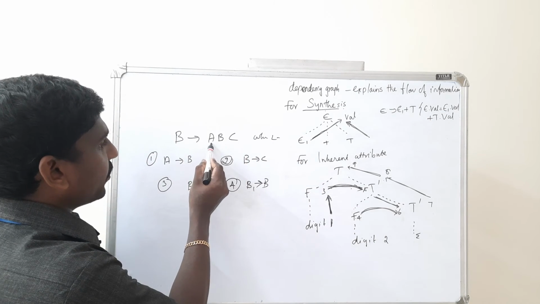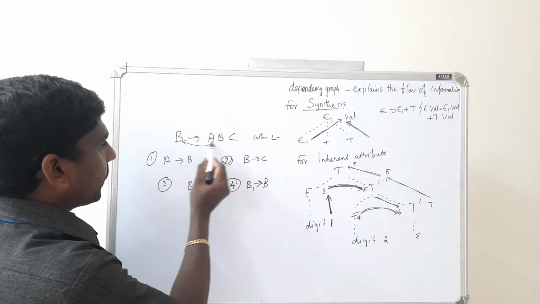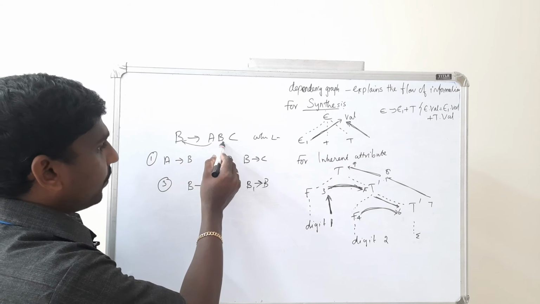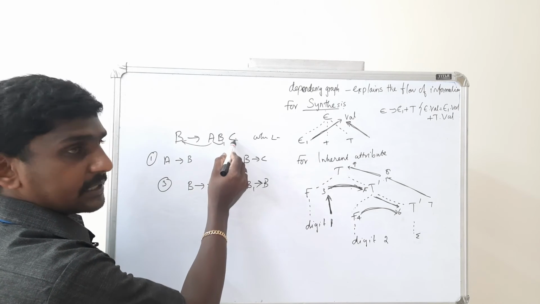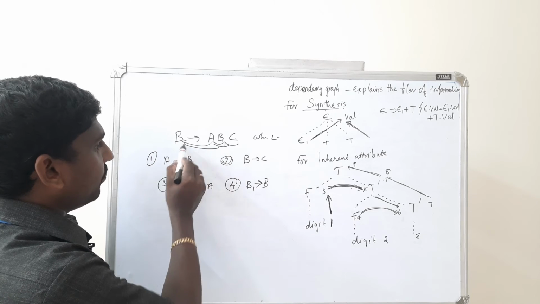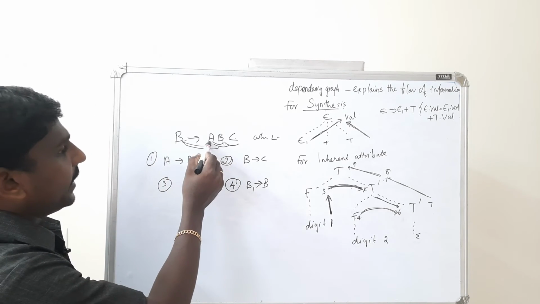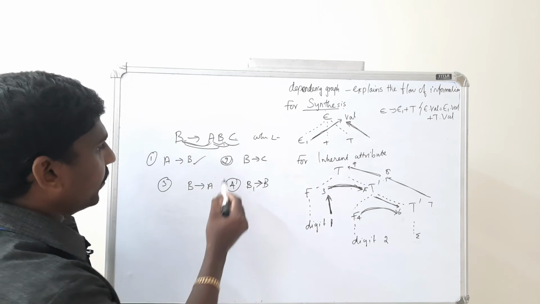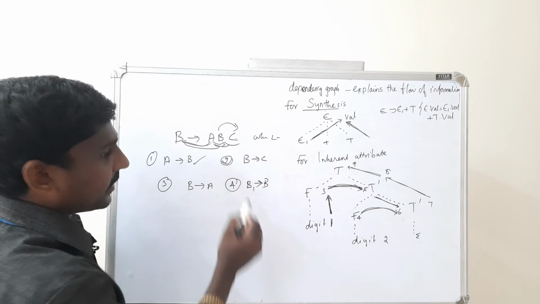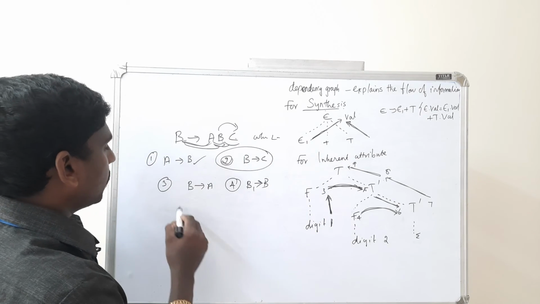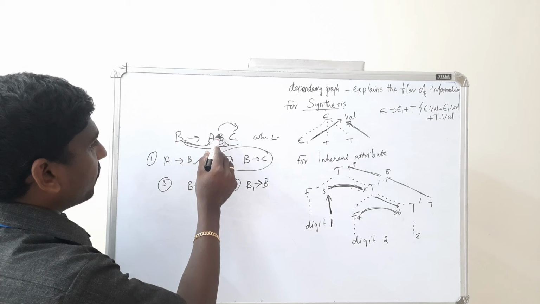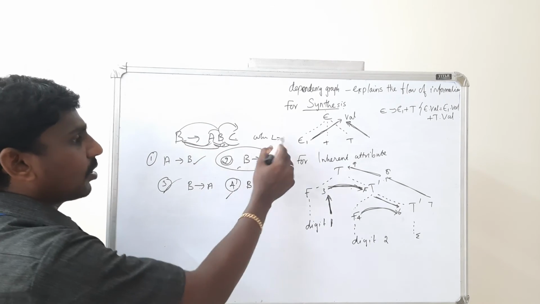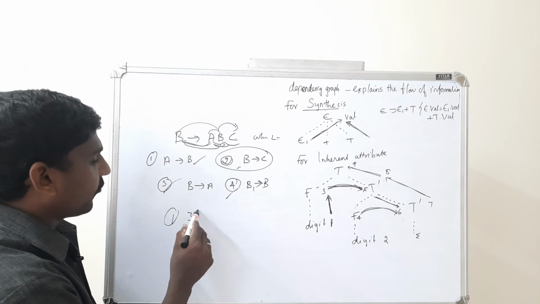I told you, A can derive B, it cannot derive that B. B1 can derive A, it cannot derive C. C can derive A and B. So A tends to B is true, this is an L attribute. Can B derive C? No, so this is wrong. B can derive A, so B1 can derive B, so this is true. So which ones are L attributes? 1, 3 and 4.